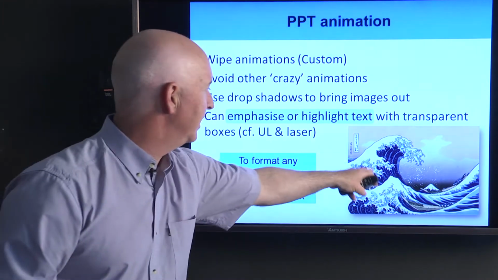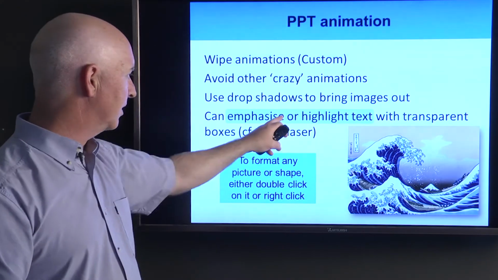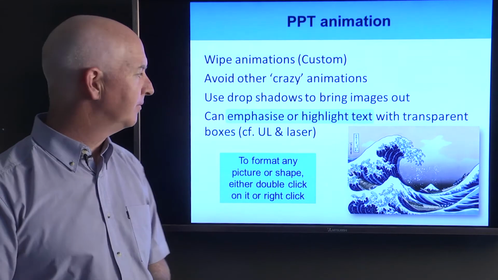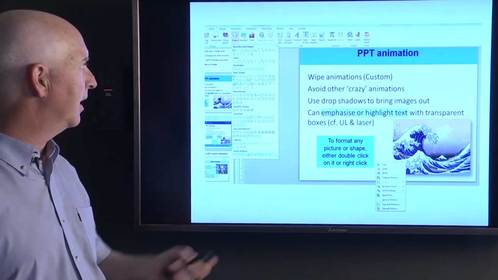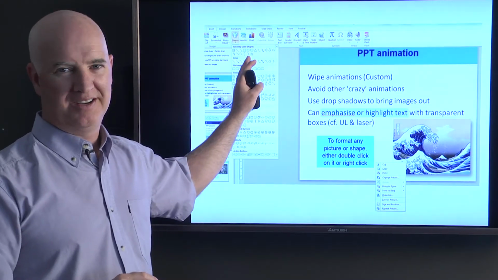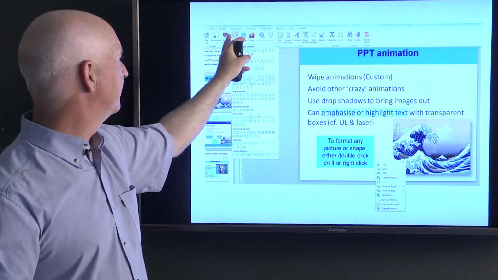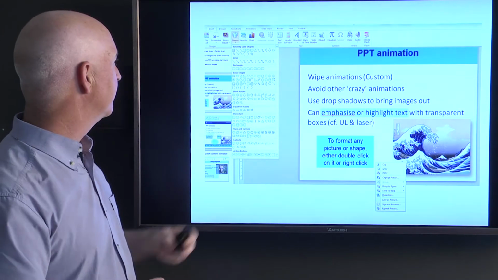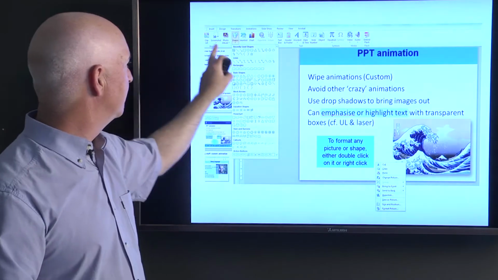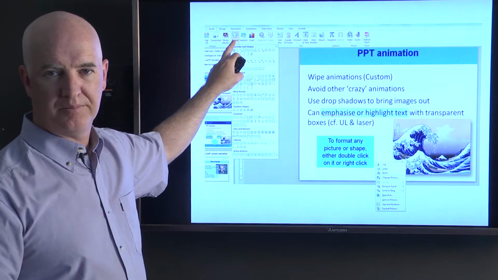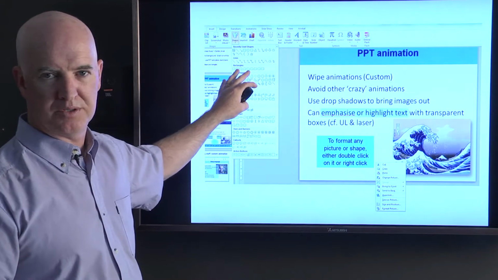To format any picture or shape, you just need to double click on it or right click it. It's very simple in PowerPoint. This PowerPoint display and the menu will depend on the version you're using, but generally they're all fairly much the same in terms of the menu they have above. Inserting that type of shape is in the Insert Shapes menu. You've got a lot of shapes to choose from.